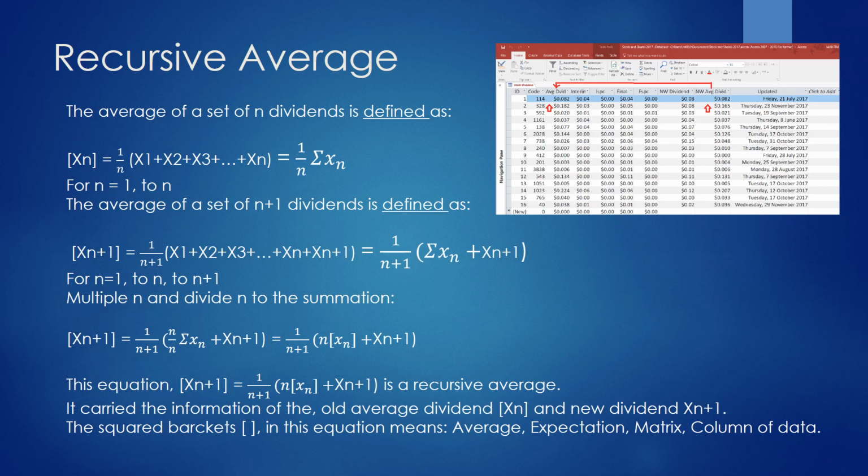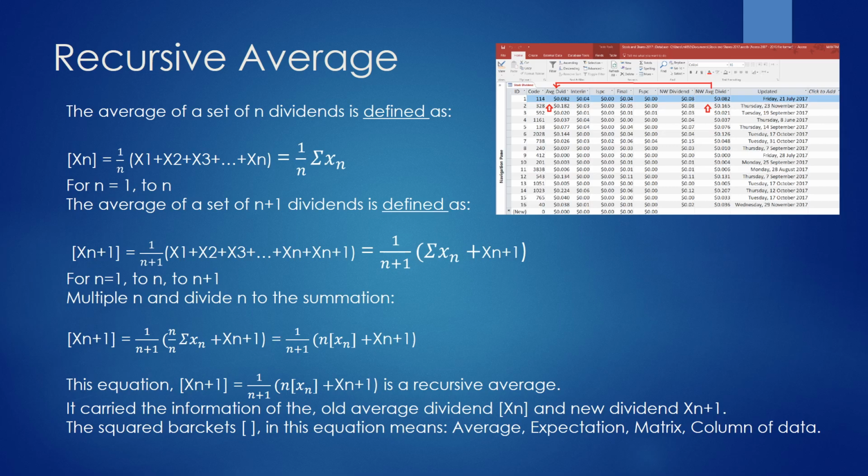Multiply n and divide it by n to the summation. Average xn plus 1 equal to 1 over n plus 1 bracket n over n sigma xn plus xn plus 1 close bracket, equal to 1 over n plus 1 bracket n times average xn plus xn plus 1.